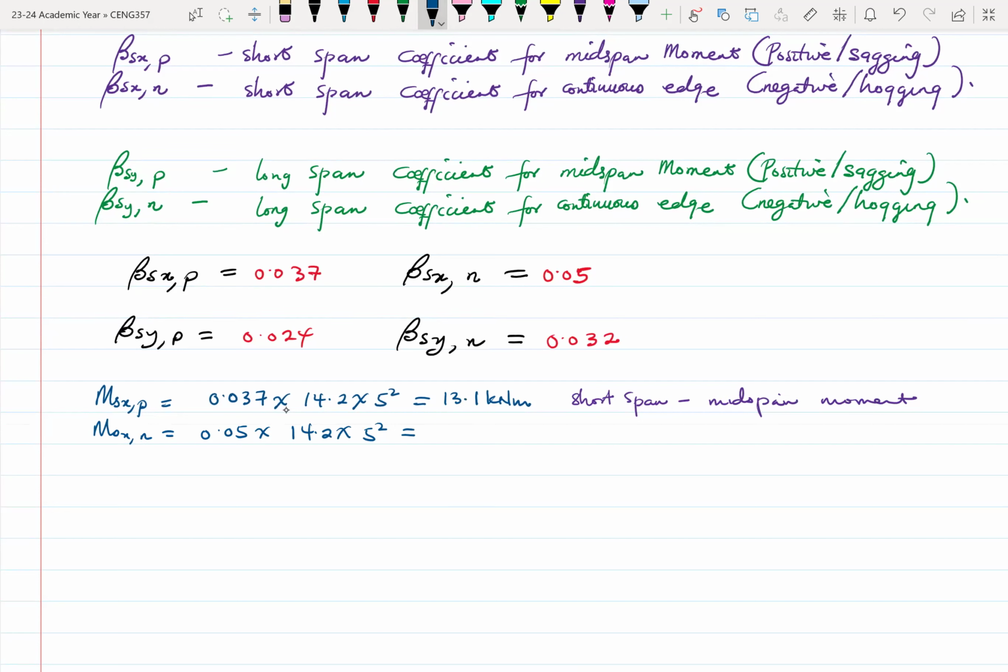Am I correct? Okay, yeah. So this will be 17.8 kilonewton meter. Okay. And this is the short span continuous edge moment.